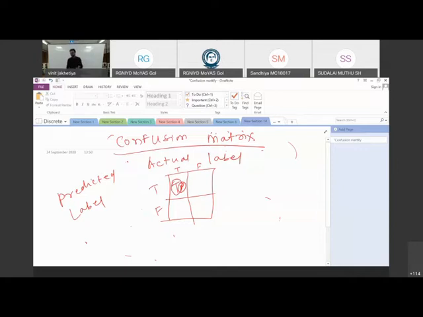The predicted label was positive and fortunately it was also positive, so it's true positive. The second one is going to be false positive. Here you can see the predicted label is positive, but unfortunately actually it was negative, because you can see actually it was false, so negative. That's why it's false positive.